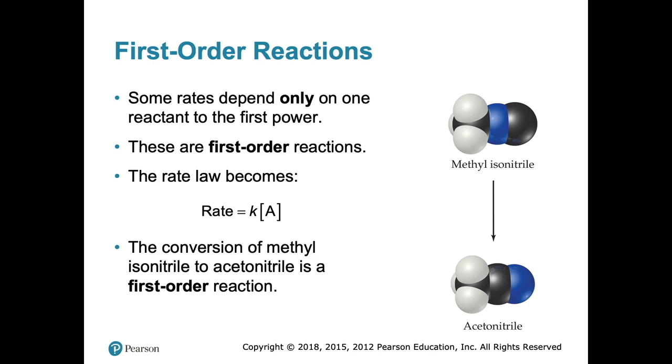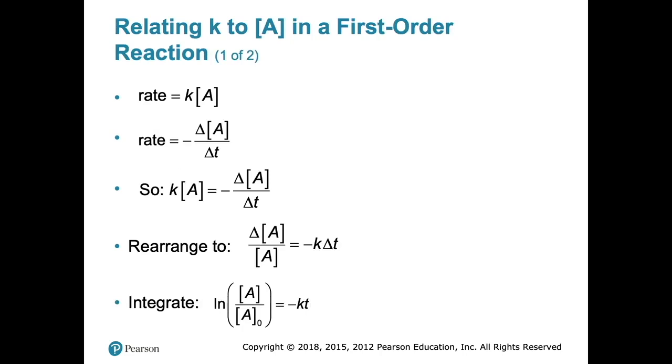How do we determine these kinds of things? It's going to get math heavy now. We know that the rate equals K times the concentration of A. We also know that the rate equals minus the change in the concentration of A divided by the change in time.